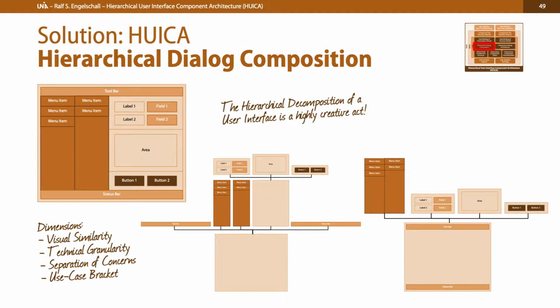And it can be decomposed in various ways. Here in the middle bottom you see one variant of the decomposition, and at the bottom right you see another variant. Both are neither wrong nor right, they are just different flavors of the same decomposition.